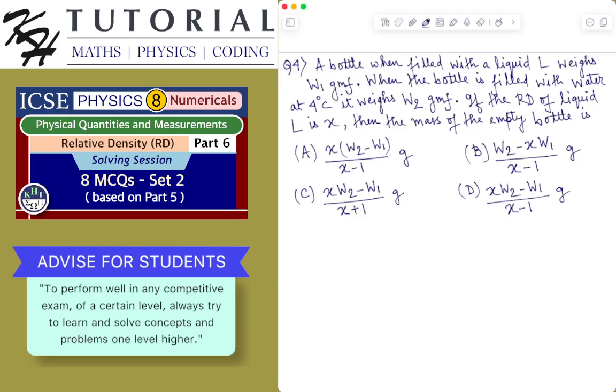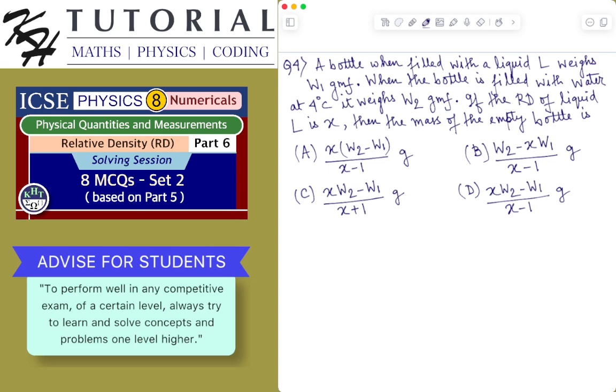Now definitely the mass in W1 and W2, W1 is the mass of the empty bottle plus the liquid L, and W2 is the mass of the empty bottle plus water at 4 degrees centigrade. Okay, we have to find the mass of the empty bottle.